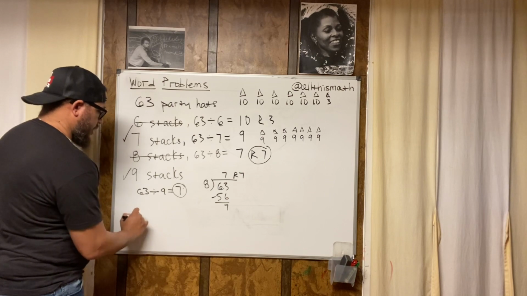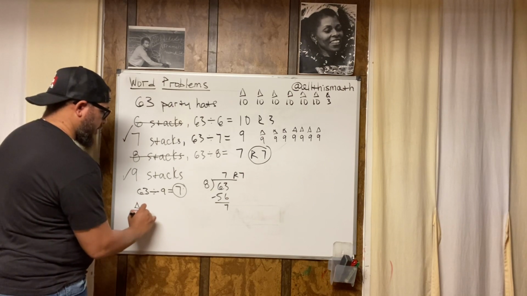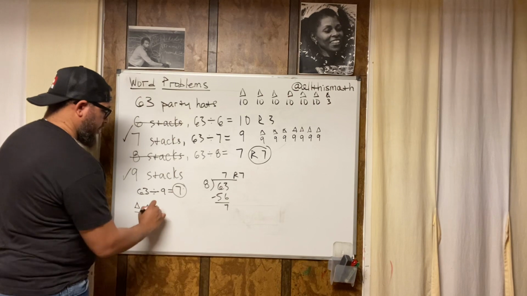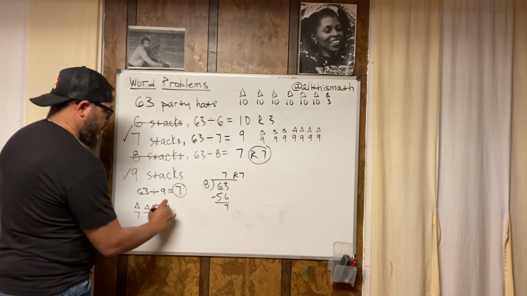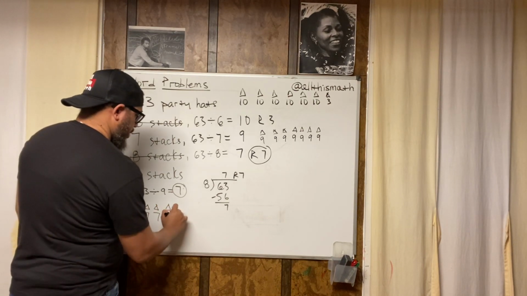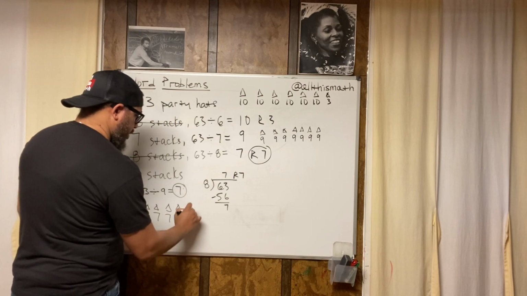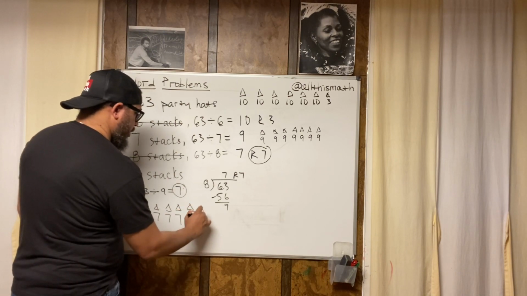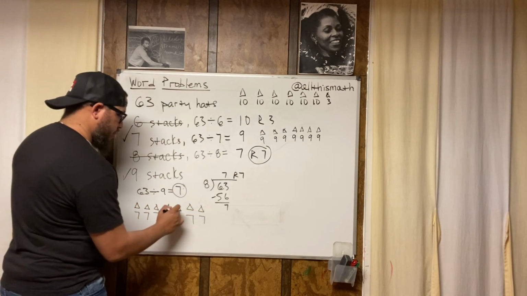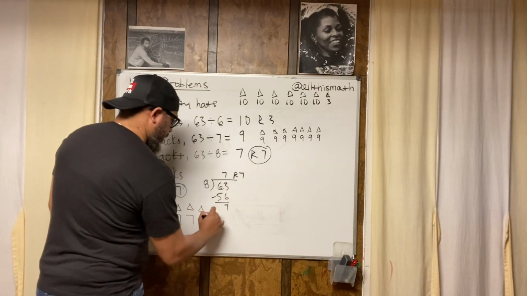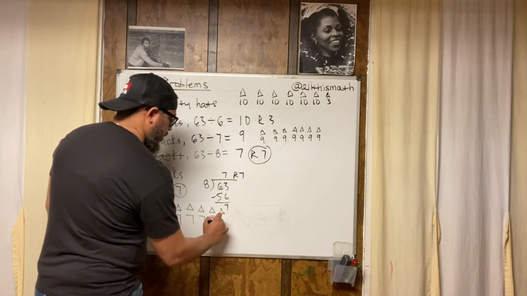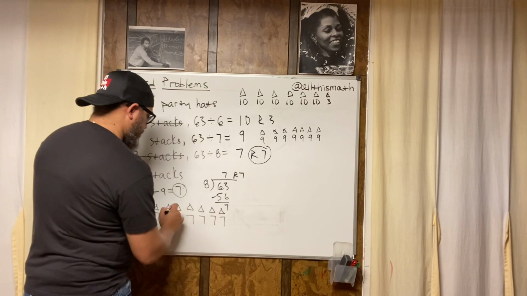So we got 7 in one stack, another 7 in another stack, another 7 in another stack. Let me see, how many is that? 1, 2, 3, 4, 5, 6, 7. Another 7 in another stack. And last but not least, 1, 2, 3, 4, 5, 6, 7, 8, 9.